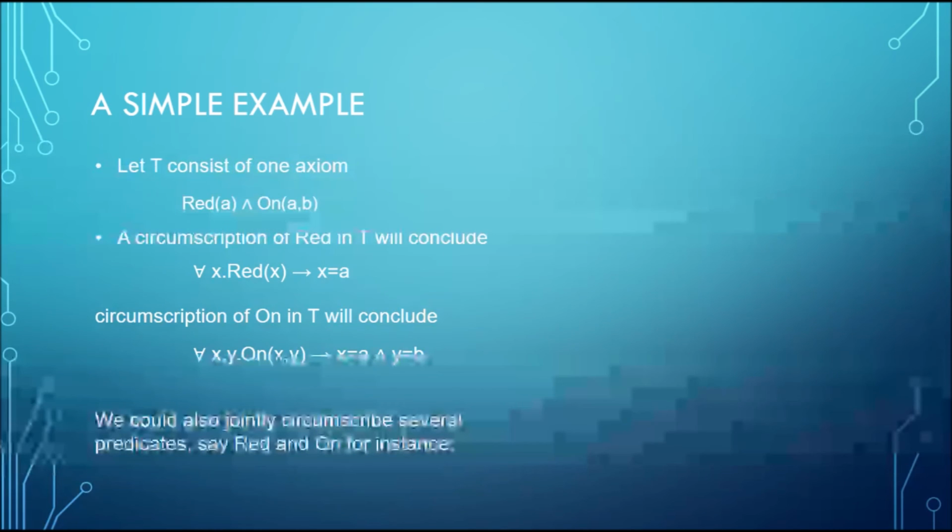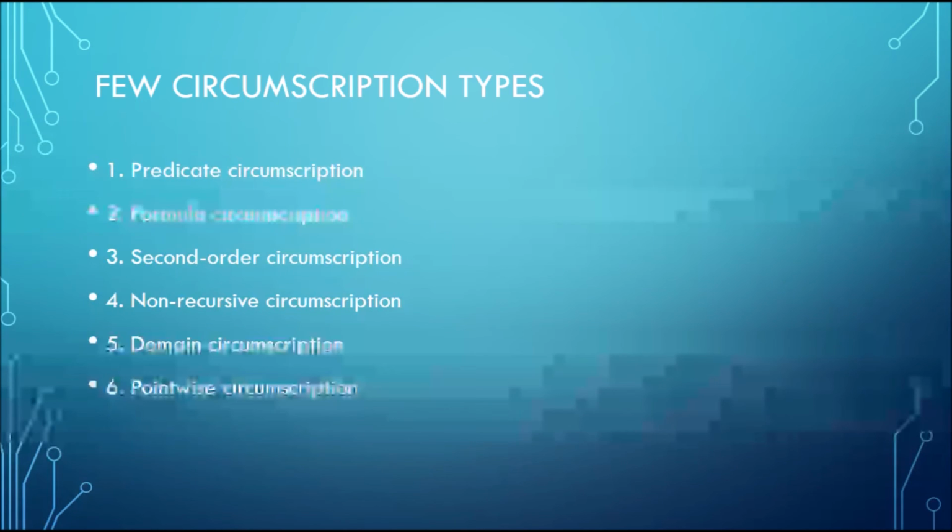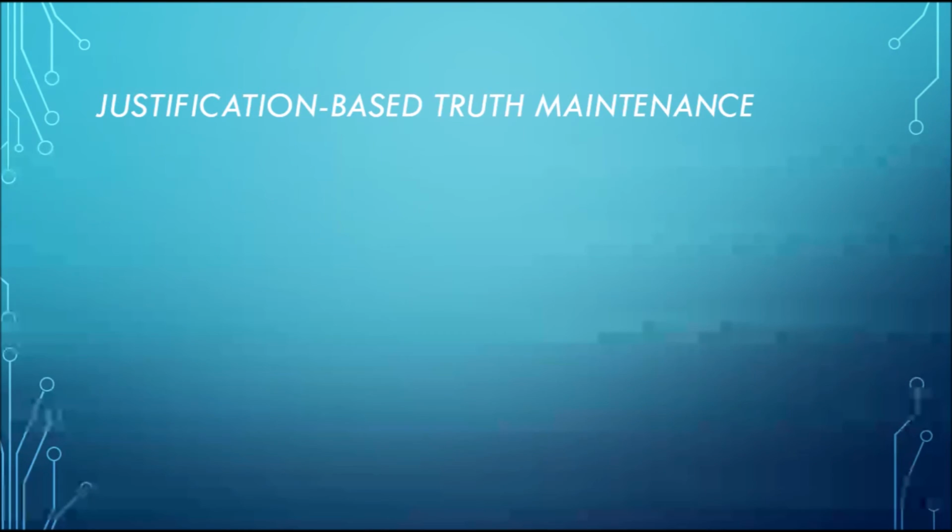We could also jointly circumscribe several predicates, say red and on, for instance. A few circumscription types. 1. Predicate circumscription. 2. Formula circumscription. 3. Second-order circumscription. 4. Non-recursive circumscription. 5. Domain circumscription. 6.